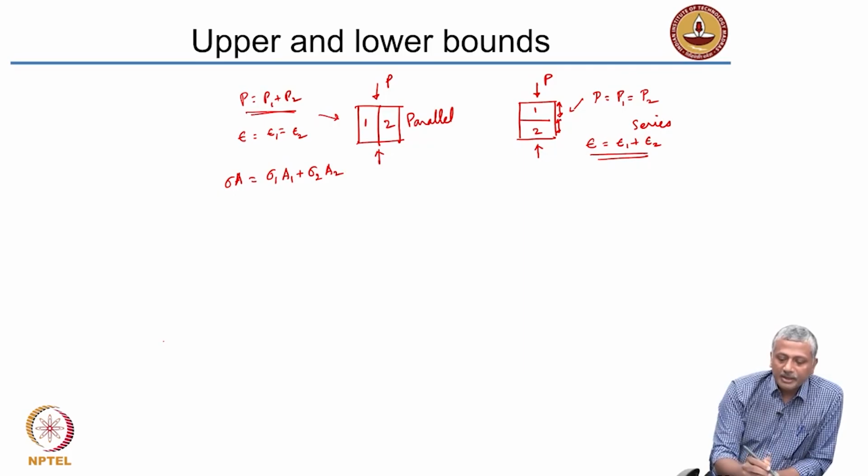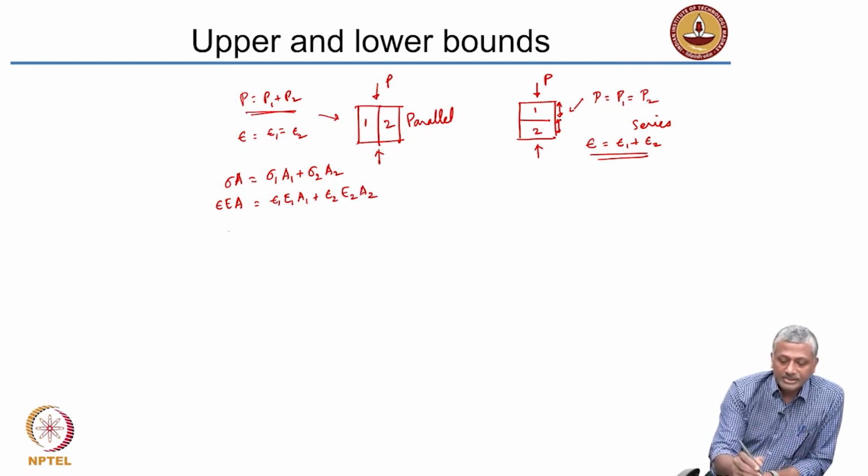Now stress multiplied by area, stress is nothing but epsilon E A is equal to epsilon 1 E1 A1 plus epsilon 2 E2 A2.